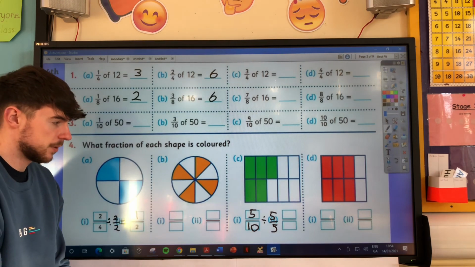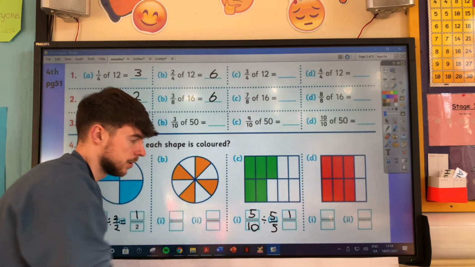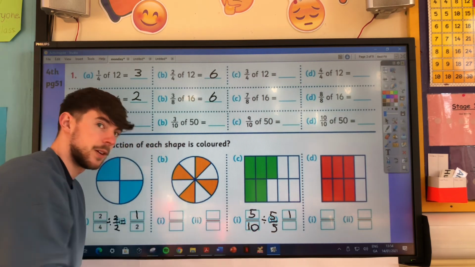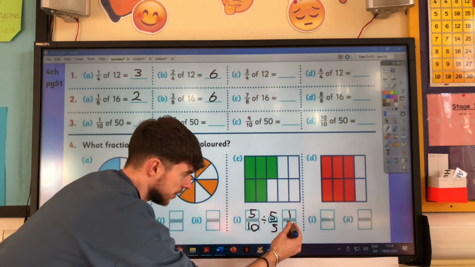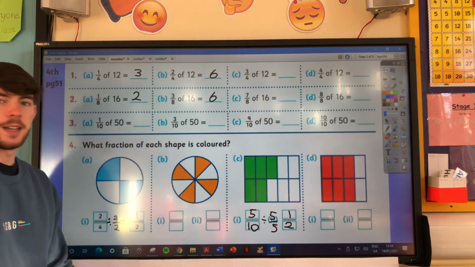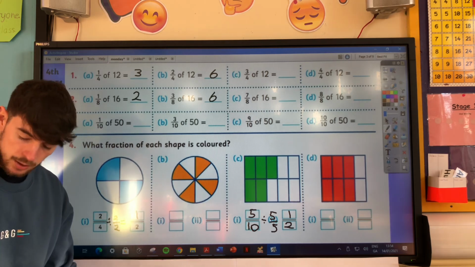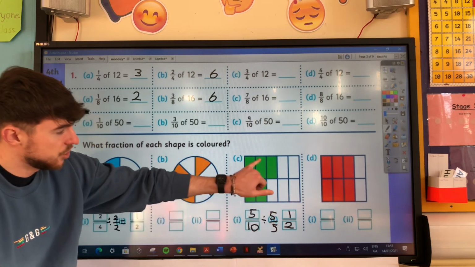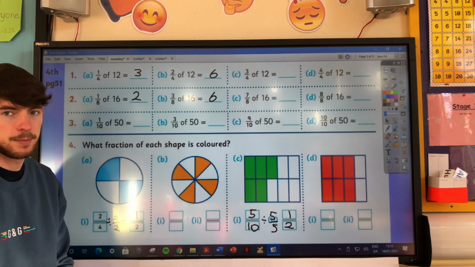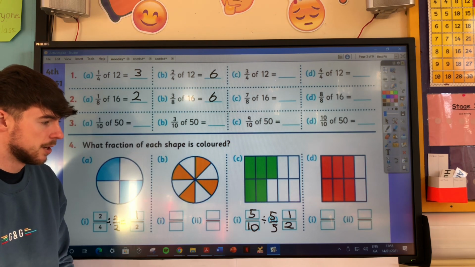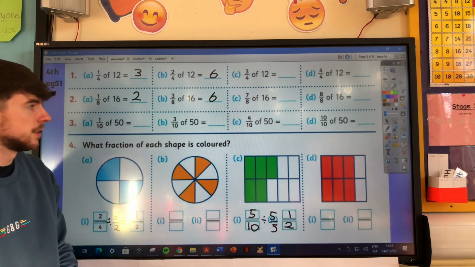So 5 divided by 5 is equal to 1. 10 divided by 5, what's that? 2, isn't it? Because we can take away 5 twice from 10. So 5, 5. So that's twice. So half of the shape is coloured in, or 5/10, means the exact same thing. They're just different fractions, right? So they both mean the same thing, it's still the same shape coloured in, but they're different fractions, right?